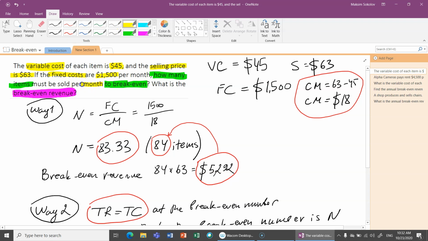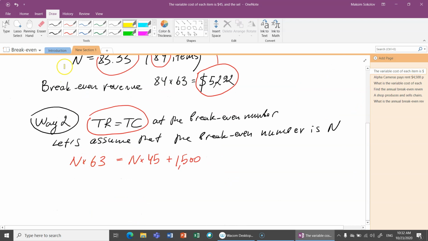So here we talk about the monthly break-even number, right? So this relationship here is also a monthly relationship. So every month you take this many dollars on the left side, that's your total revenue, and on the right side you have your total cost per month.